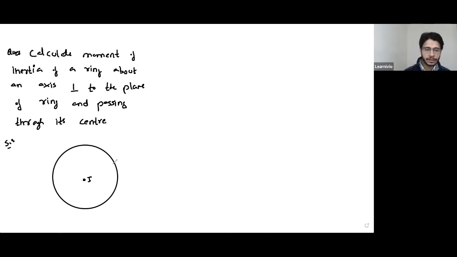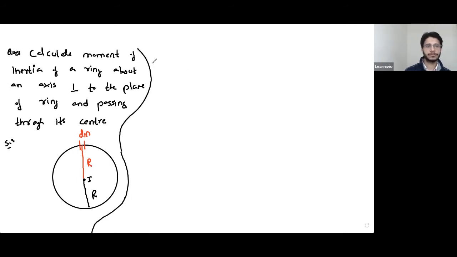The radius is R. This is dm. This separation is capital R. So you need the moment of inertia of the ring about an axis passing through the center.